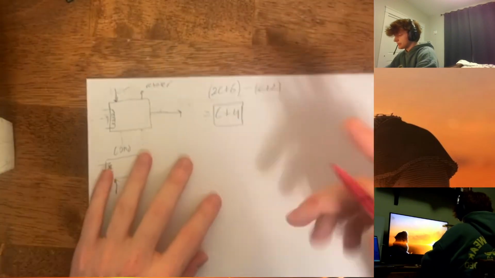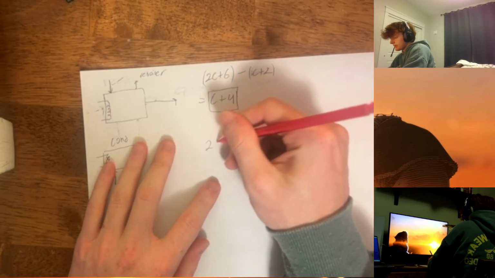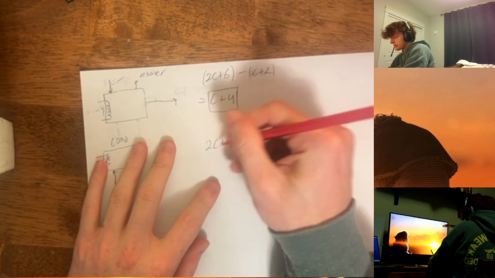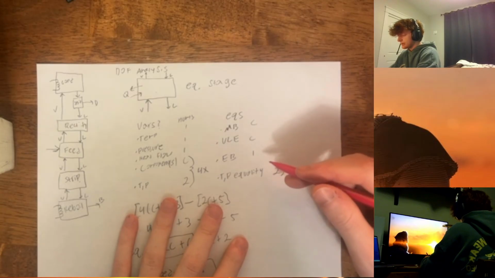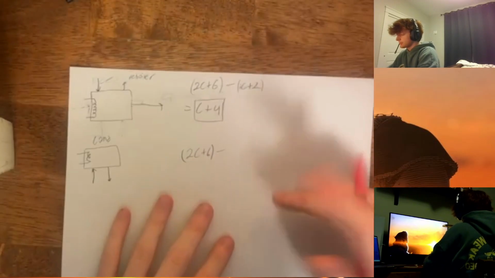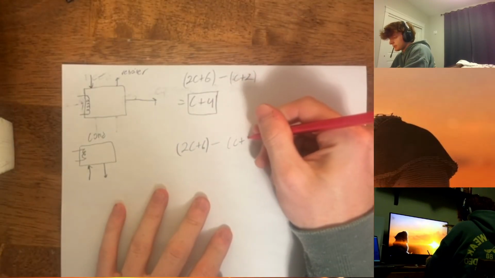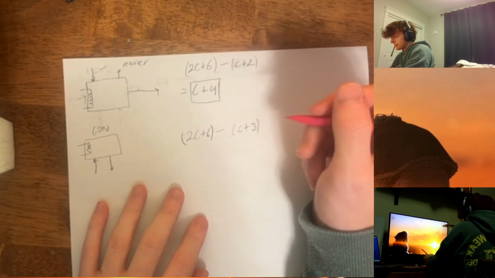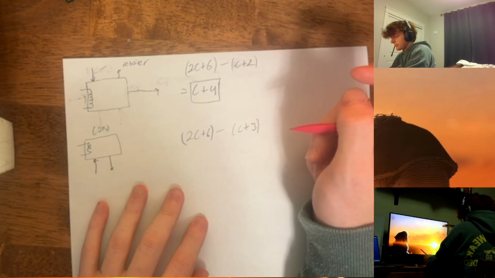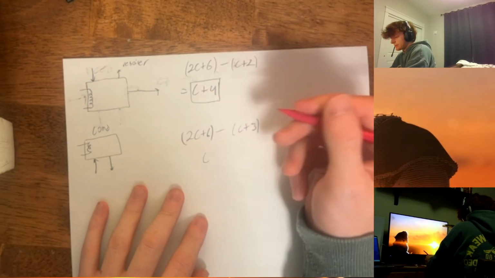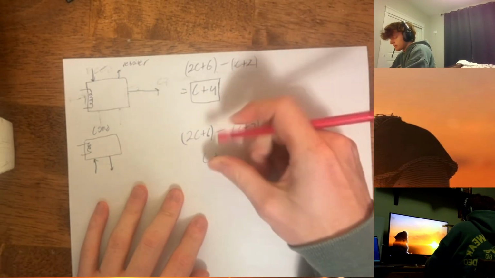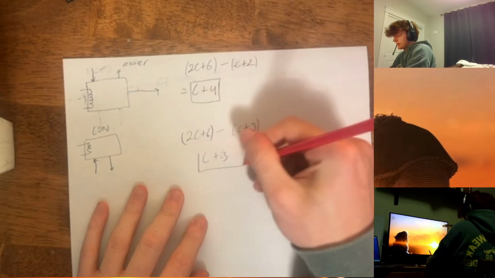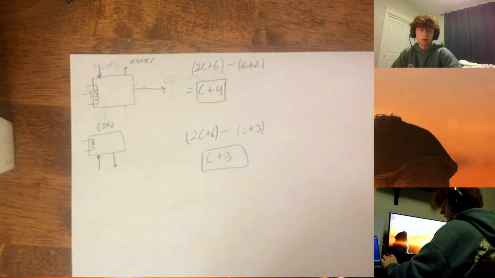So it's just going to be 2c plus 6 minus, and then we have one stream here, so 2, 3, so c plus 3. So then you're left with c plus 3 right here, and this will be our degree of freedom for our condenser.